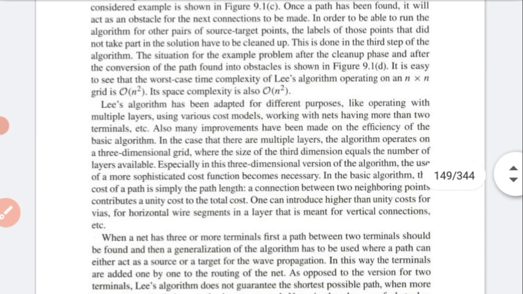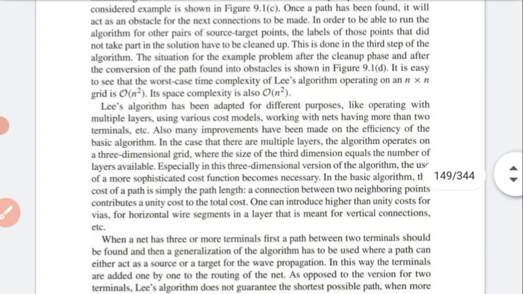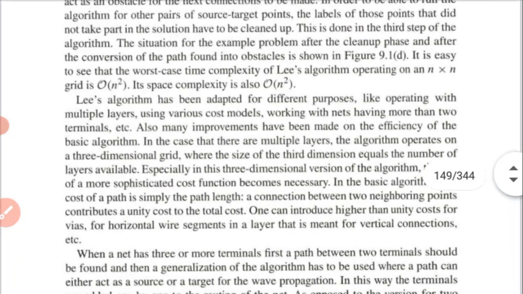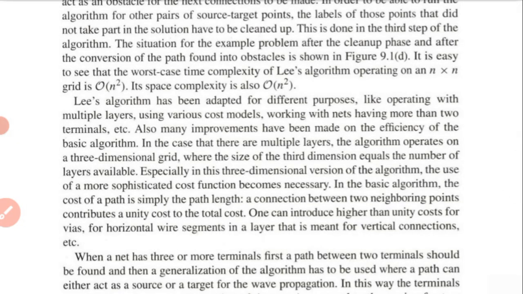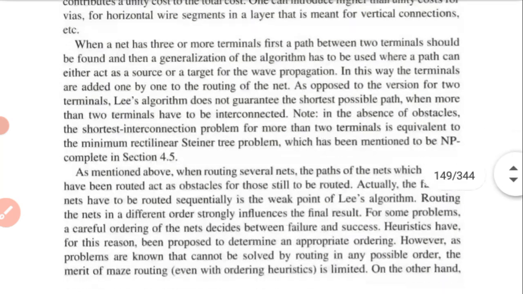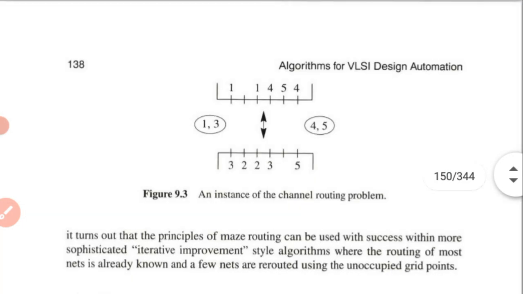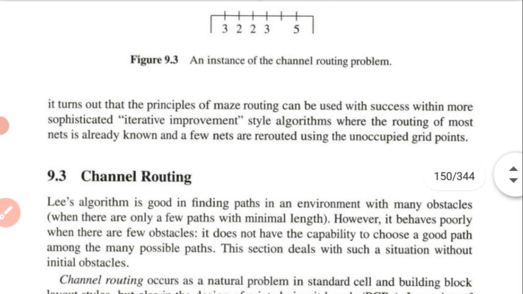Nowadays, only in some cases are we using this algorithm. So next we are going to see about the channel routing.